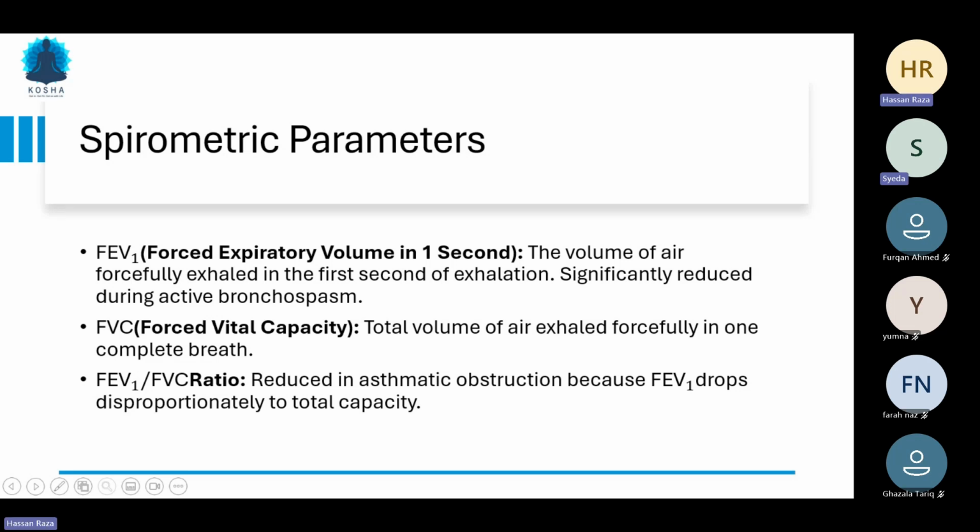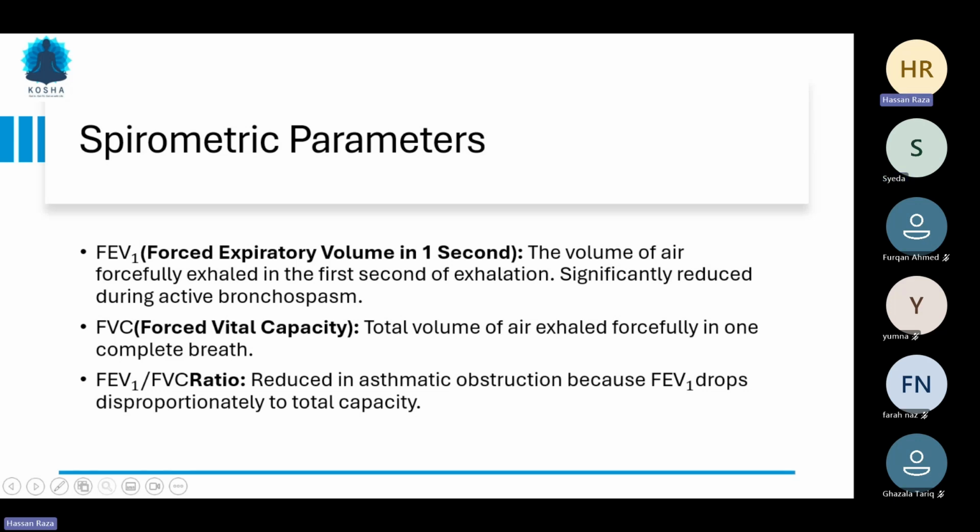So what is FEV1? The volume of air expelled in 1 second is called FEV1. I'm repeating this: the volume of air expelled in the first second is FEV1, and the total volume expelled in one breath is called FVC, forced vital capacity.